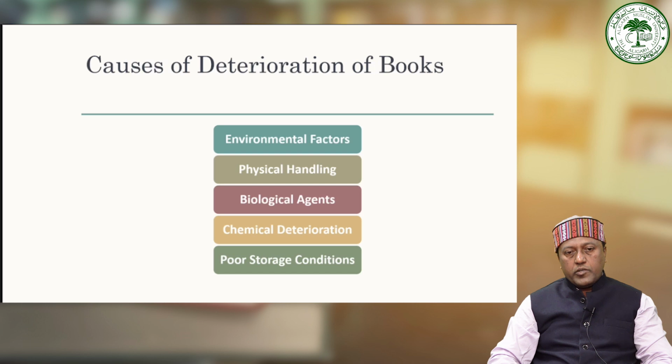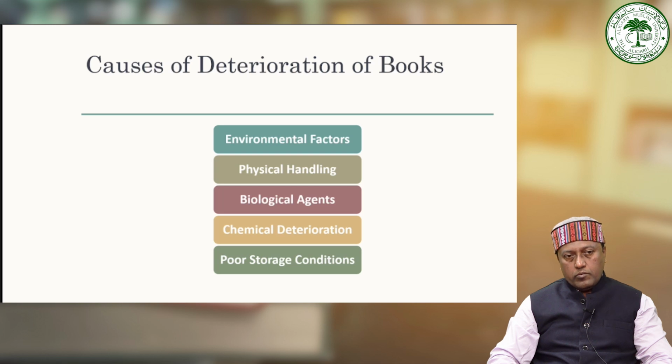Light exposure, especially ultraviolet radiation, can cause fading and discoloration. And pollutants such as dust, dirt and acidic gases can contribute to chemical deterioration. So this is how books are damaged environmentally.